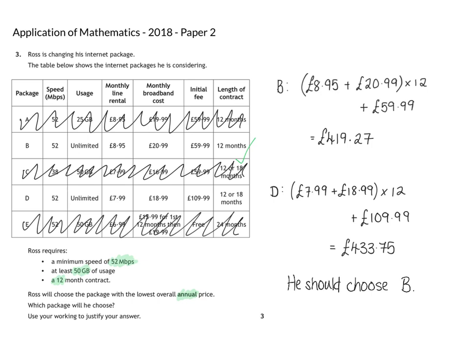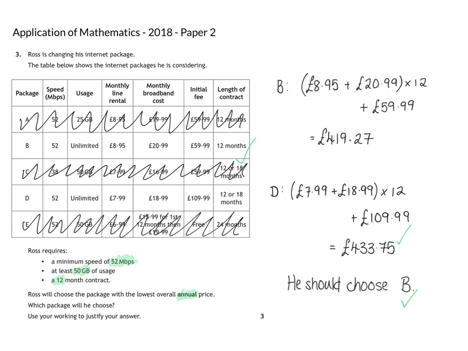So either working out package B that's £419.27 or package D is £433.75. And then our third mark is for getting the other answer and making the decision. So the £419.27 and then making the decision that actually package B is better than package D.